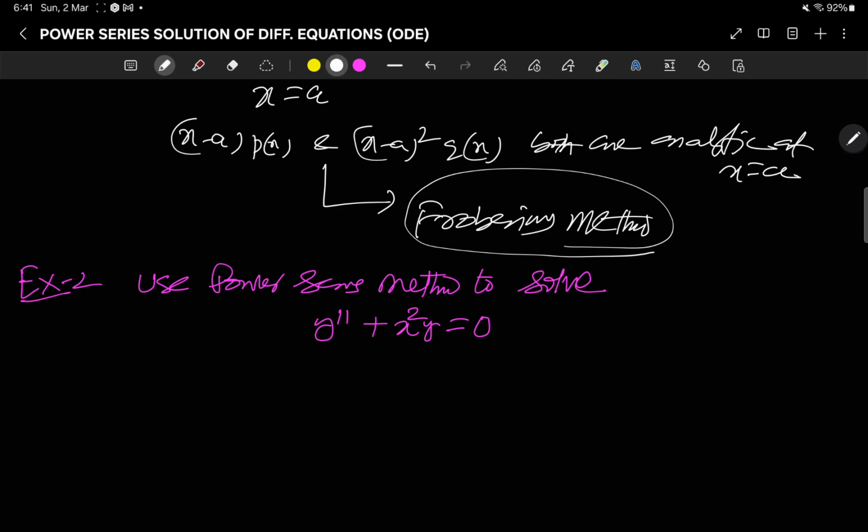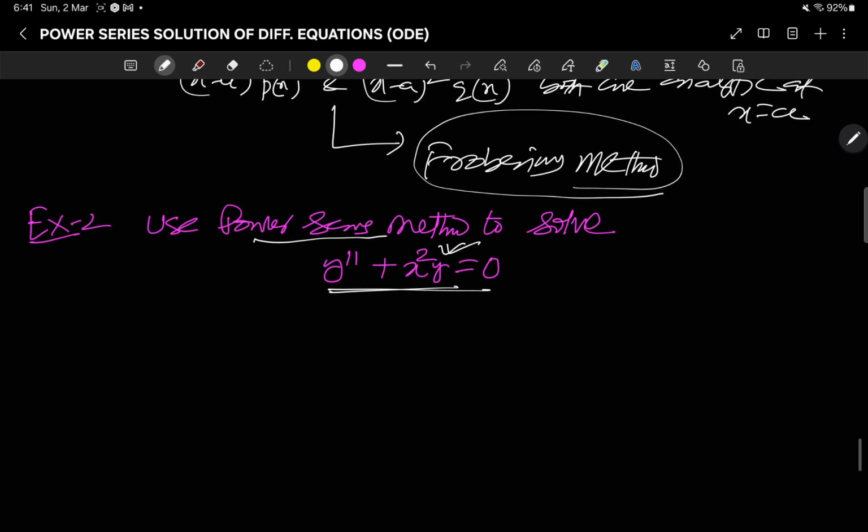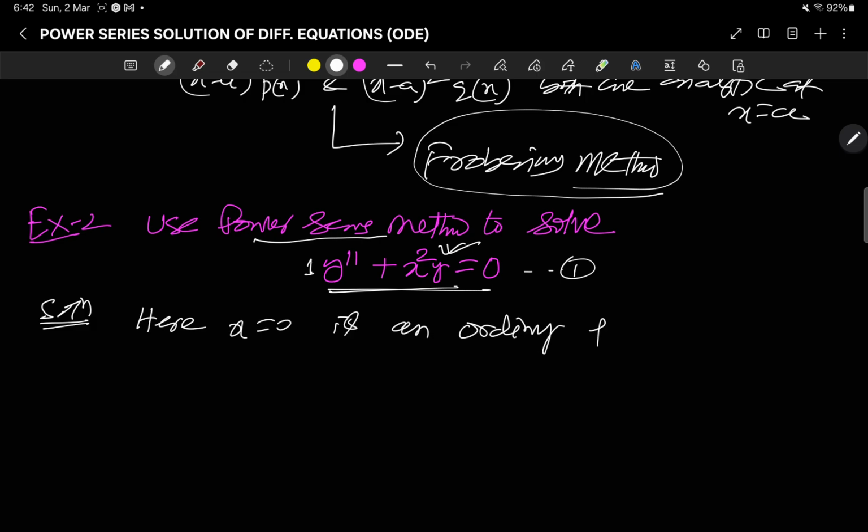Suppose one more question, you are asked to find the power series solution of this. You see, the previous method will fail. But we see the coefficient of y double dash is here 1. So undoubtedly we can say here x is equal to 0 is an ordinary point of equation 1.